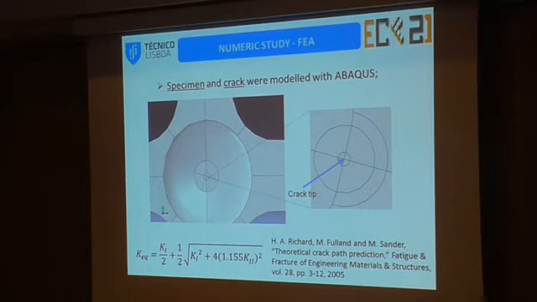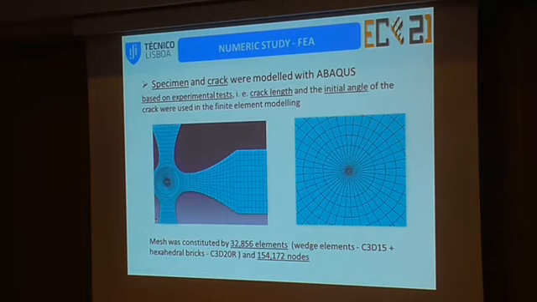As we also want to achieve the law, the equation of da/dN versus delta K, we need to take into account K1 and K2. So we have used the proposal by Richard, and in this way we can take into account the equivalent stress intensity factor. We modeled the specimen and the crack.